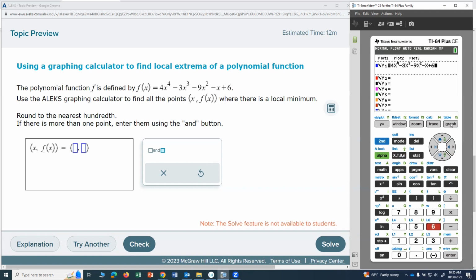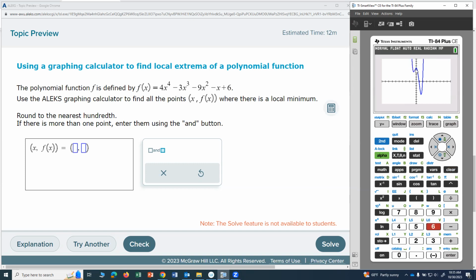And I want to see if I have a good window before I start trying to find the local minimum. If I hit graph, this window's not good. I can't even see my graph. I'm going to go to zoom, and I'm going to go ahead and do Z standard number 6 to start with. And you may have to adjust from there.